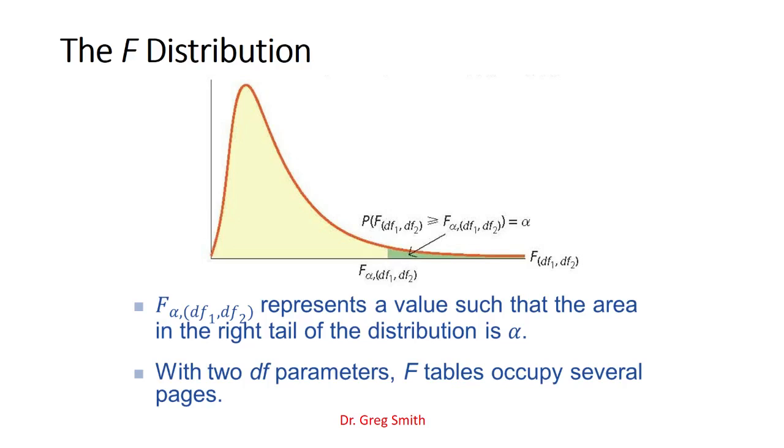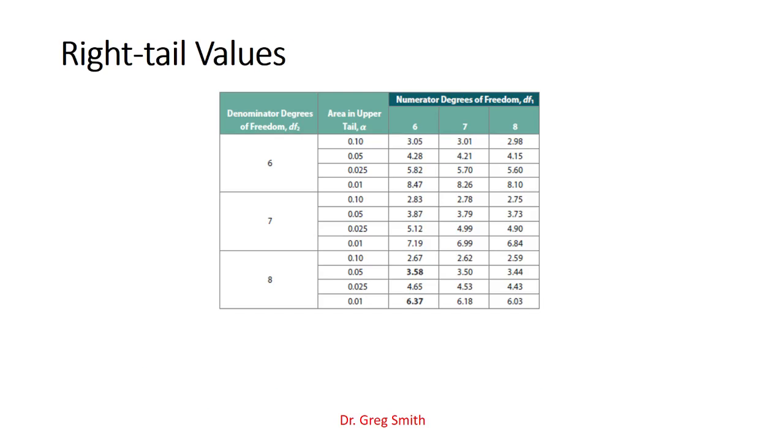As we look to the right tail, you'll notice we have the F sub alpha, degrees of freedom 1, degrees of freedom 2. Just like the chi-square, we're looking from right to left, and we have the two sets of degrees of freedom, 1 and 2.